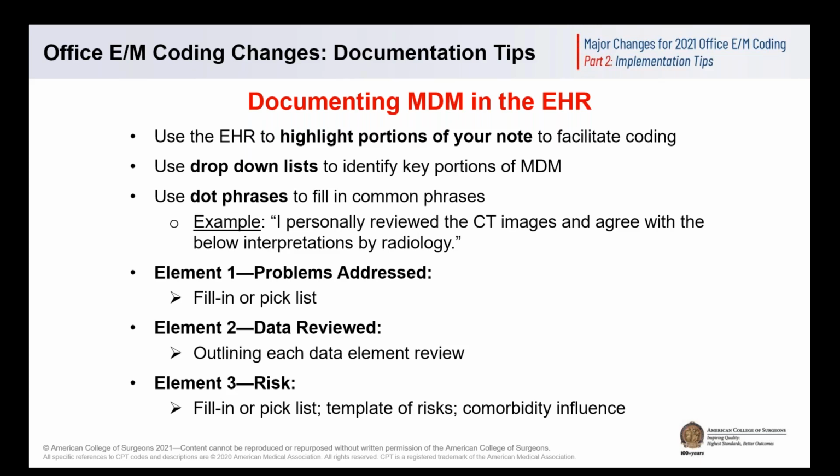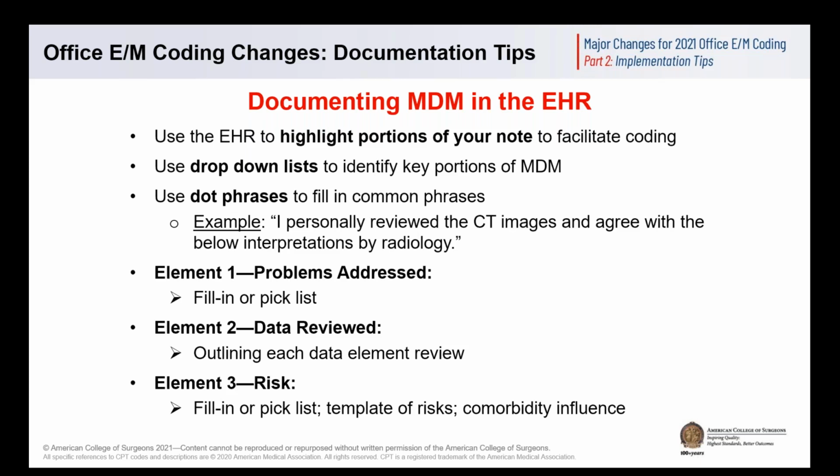You can use drop-down lists to identify the key portions of your MDM. You can use dot phrases to fill in common phrases. For example, you can create a dot phrase to auto-fill in that you reviewed the CT images and that you agree with the interpretations, or that you disagree with the interpretations and fill in your interpretation.